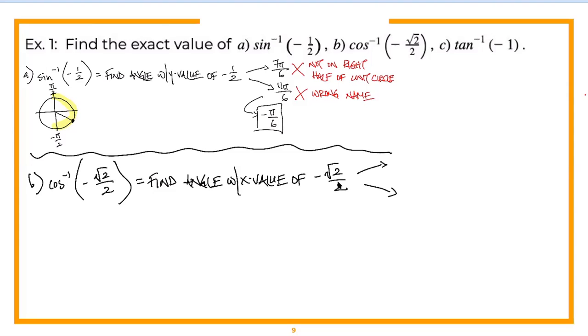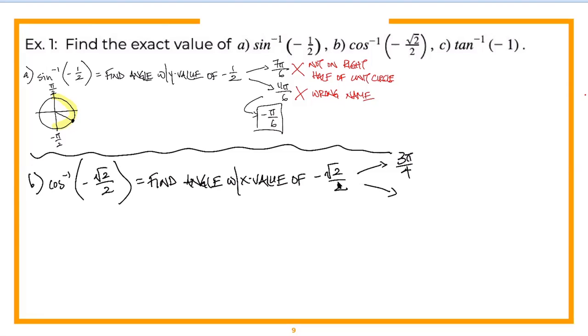And we should find that it is 3 pi over 4. And what's the other one? Seven pi over 4. 7 pi over 4?